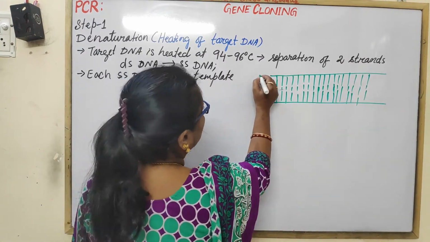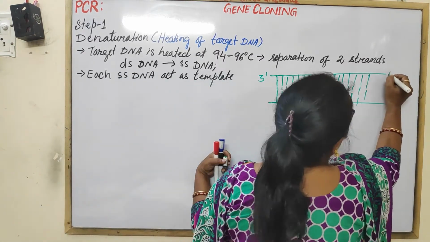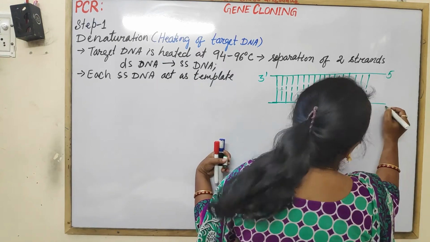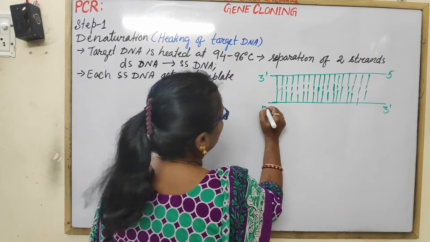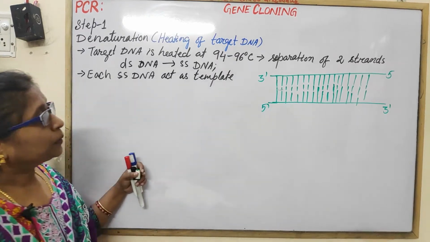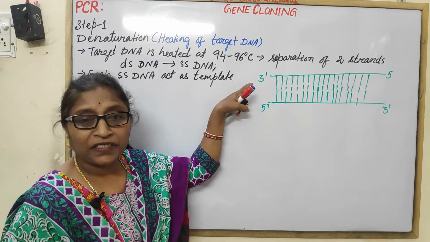This is 3 prime to 5 prime. This is 3 prime to 5 prime. This is double stranded.